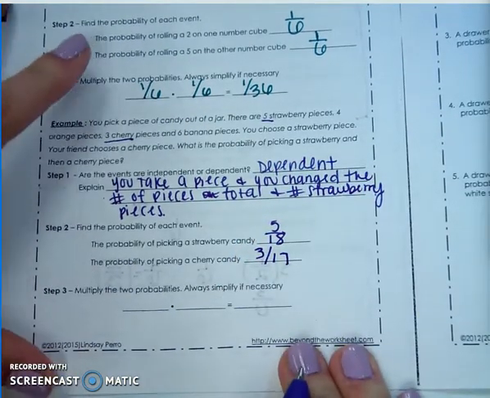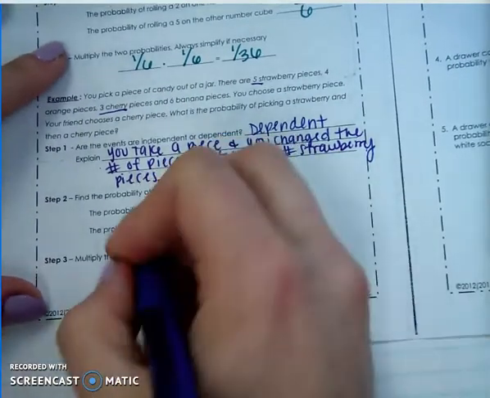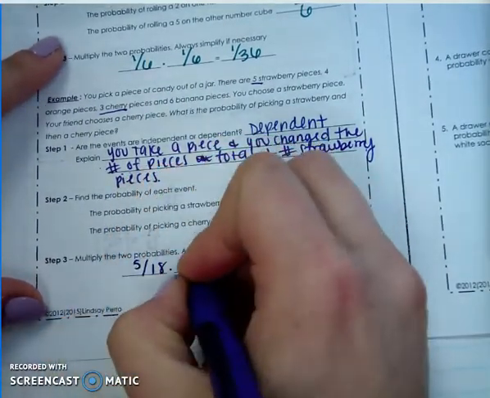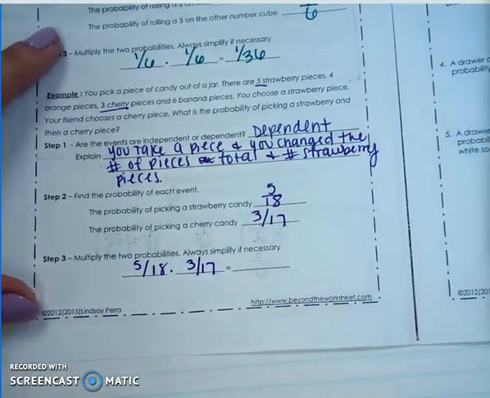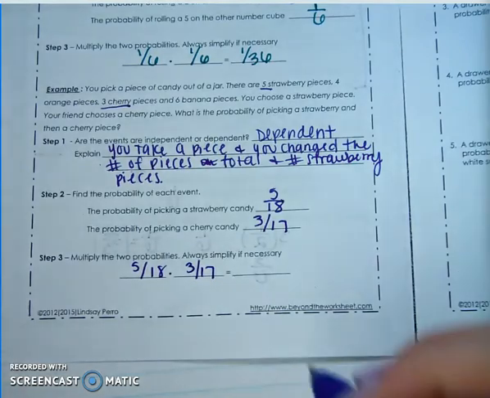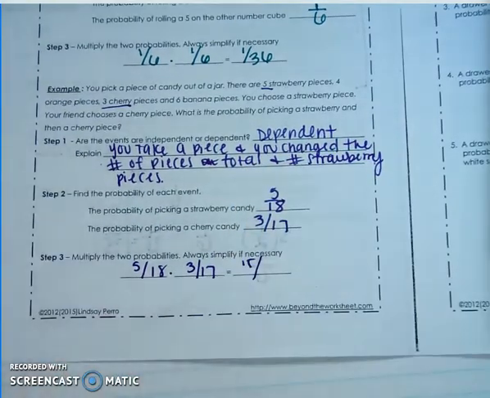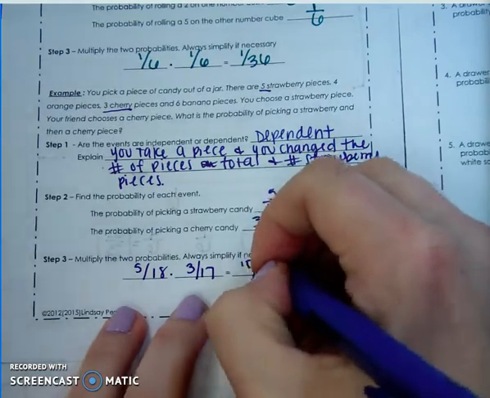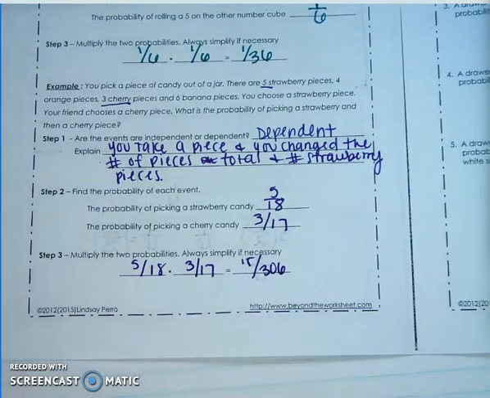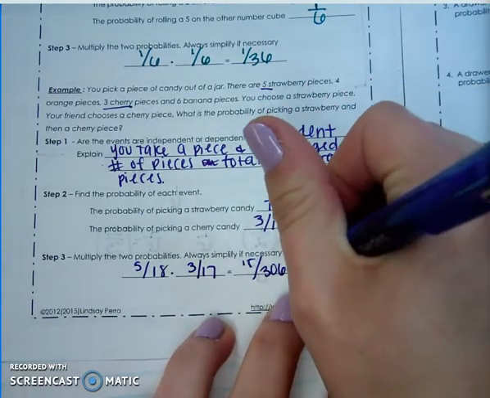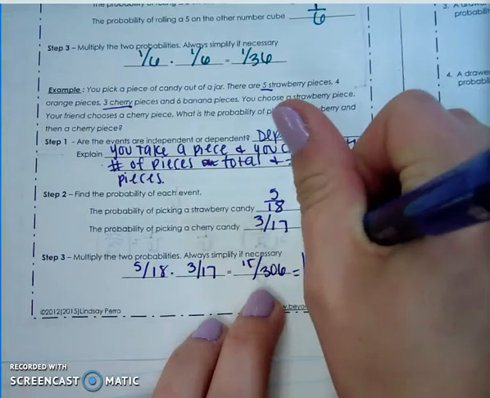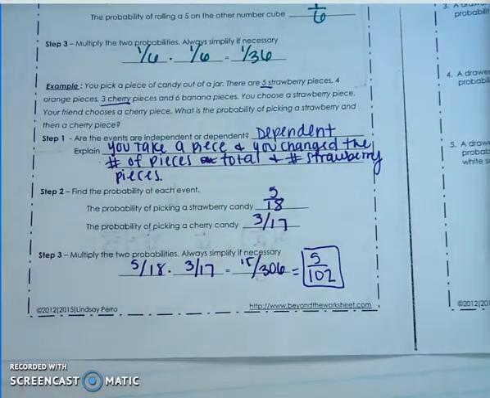Multiply those probabilities, always simplify if you have to. So 5 over 18 times 3 over 17 is 15 over, let's get a calculator, 18 times 17 is 306. Divide by 3, I'm left with 5 over 102 is my simplest version of that. Okay?